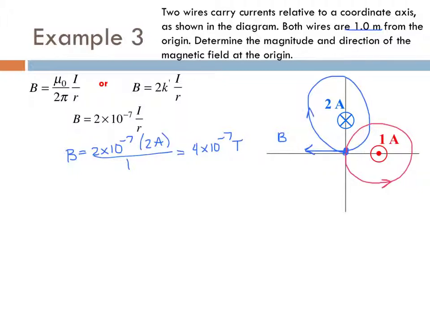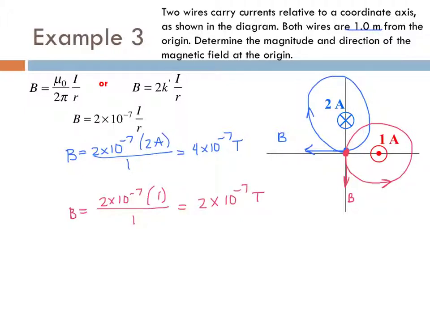So that means at the origin, the line that is tangent to it would be going straight down. So to find the strength of that magnetic field, it is 2 times 10 to the negative 7 times my current, 1, divided by my distance. Actually, my distance is also 1. So that's just 2 times 10 to the negative 7 Tesla.